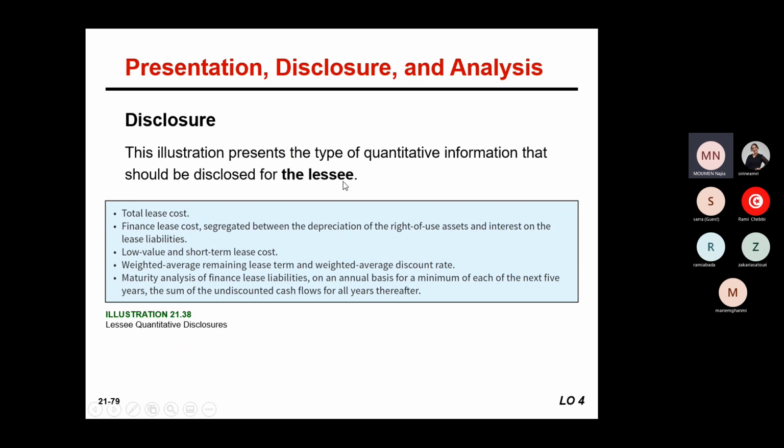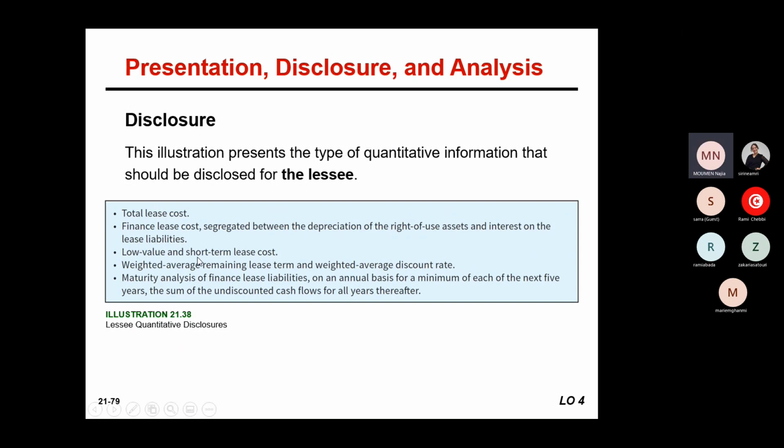So we must not provide aggregated information regarding the depreciation of that right-of-use asset and also the interest that we are paying on that lease liability. As we already learned, we have to provide this information separately.